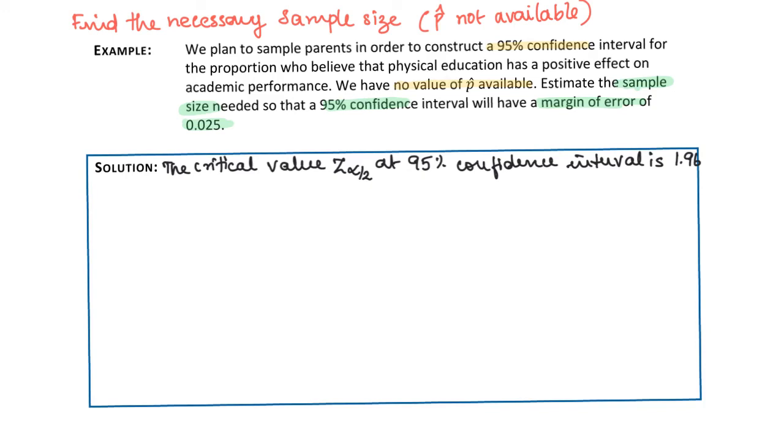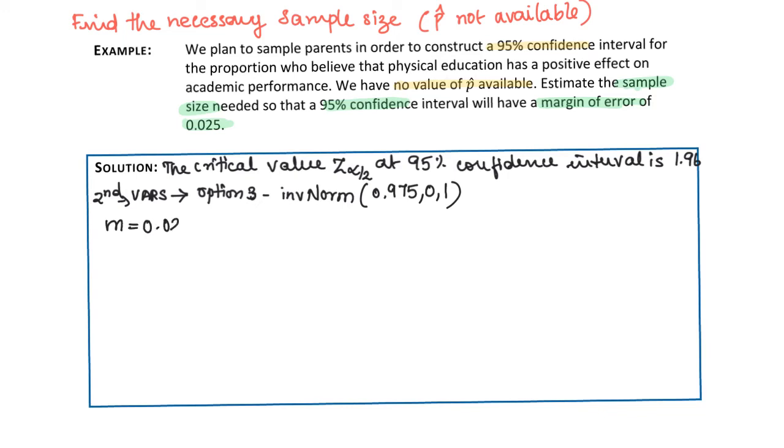If you are using the calculator, second, vars, option 3, that is invNorm 0.975, 0, 1. So you learned this in chapter 7. If you don't remember how to find the critical value, you can refer to chapter 7.1. Margin of error is given, m equals 0.025.